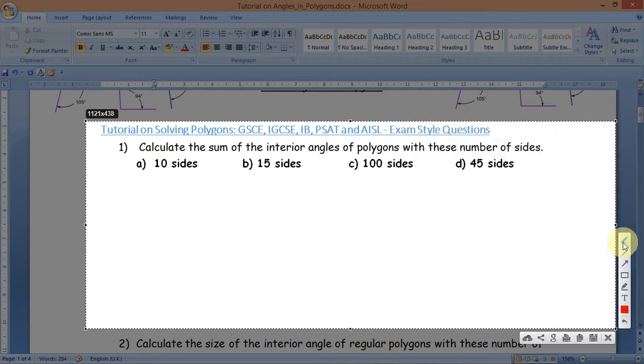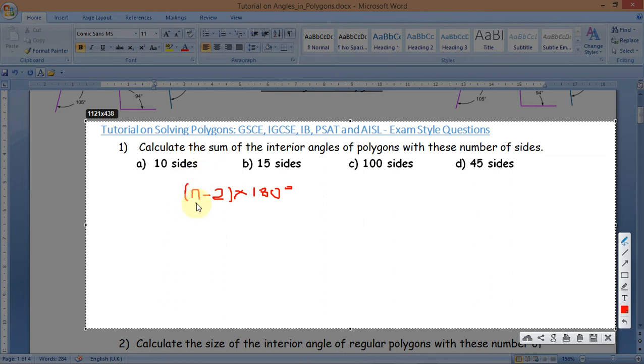Don't forget that generally the sum of interior angles of any given polygon is n minus 2 times 180 degrees, where n is the number of sides.